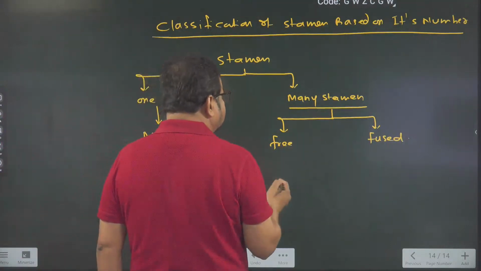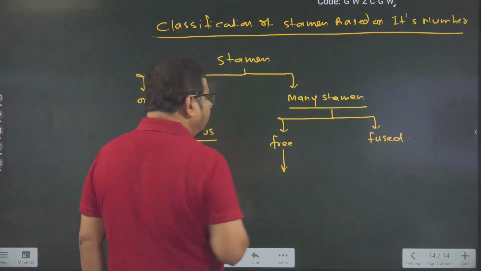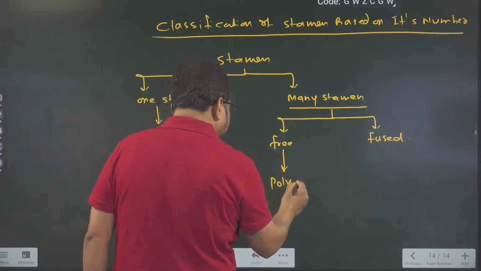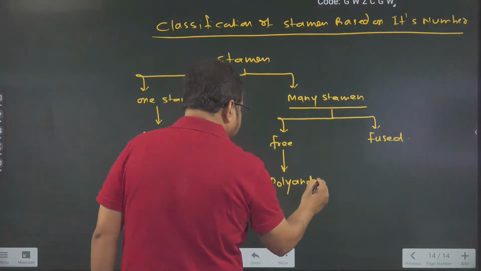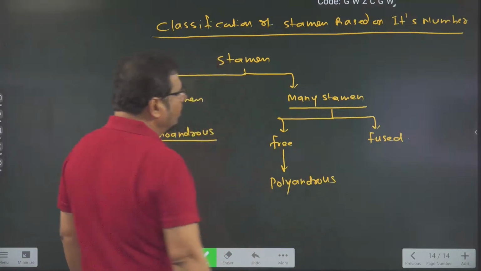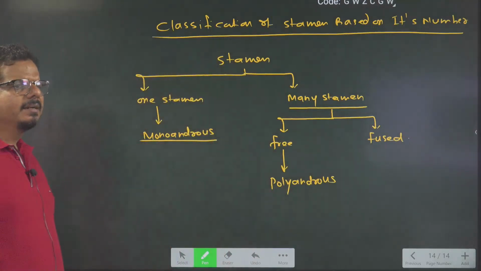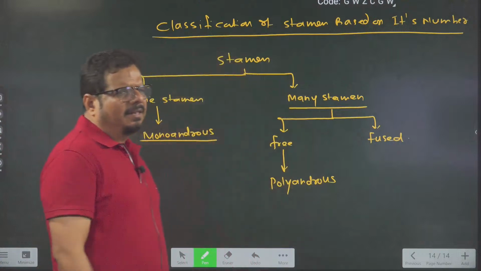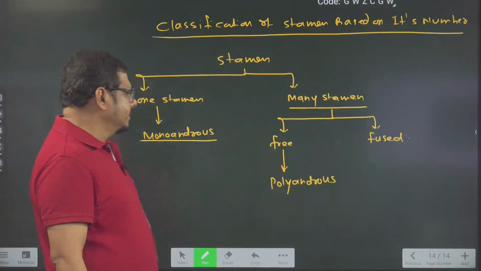If more than one stamen are there and all stamen are free, that is called polyandrous. That terminology is mentioned in NCERT. Many free stamens are called polyandrous condition.